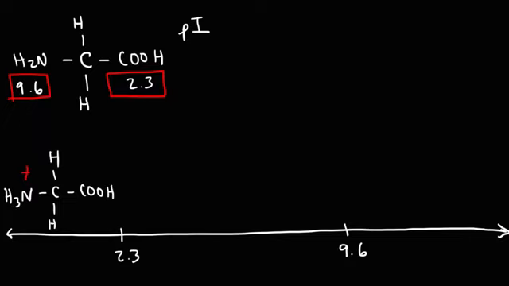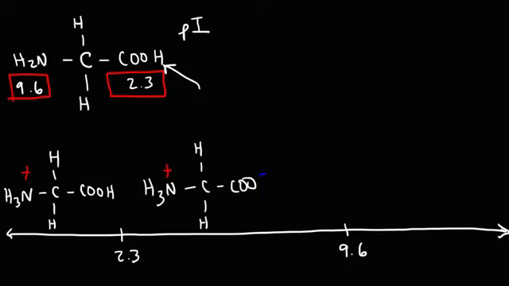Now, when the pH goes past 2.3, the carboxylic acid functional group will lose a hydrogen. So the dominant form will look like this. The nitrogen will still have a positive charge, but the oxygen of the carboxylic acid functional group now has a negative charge.